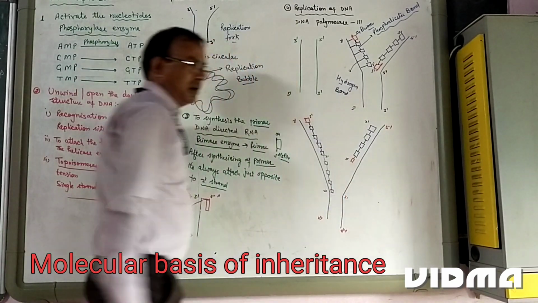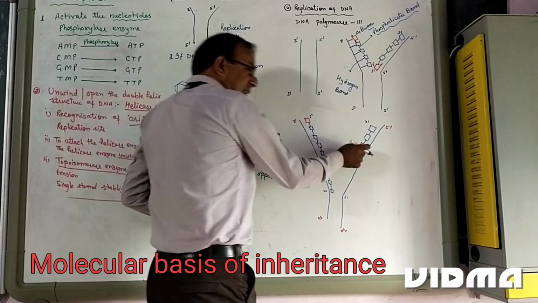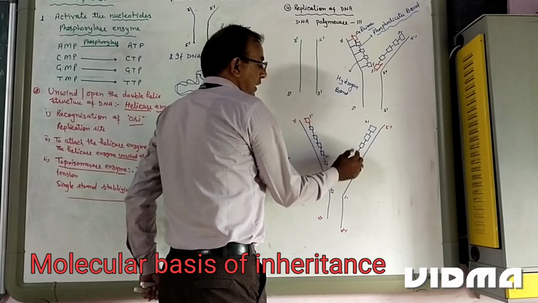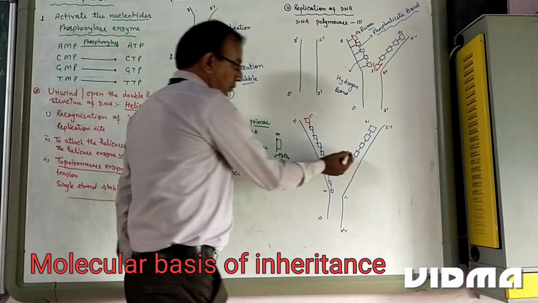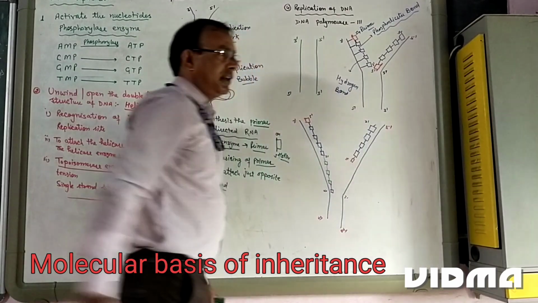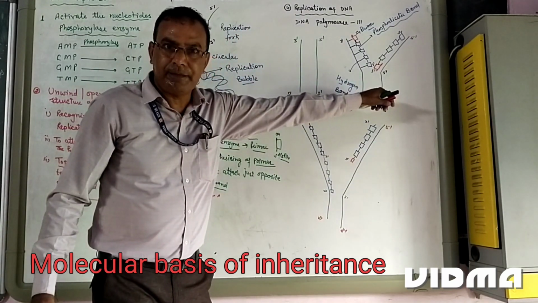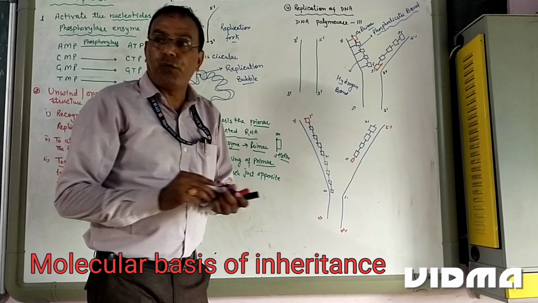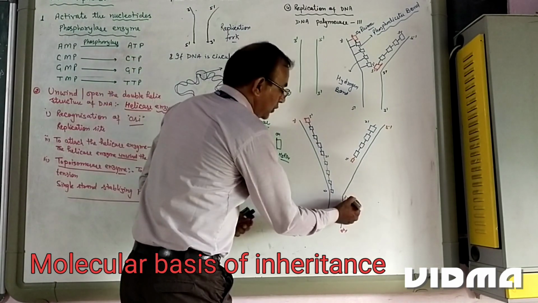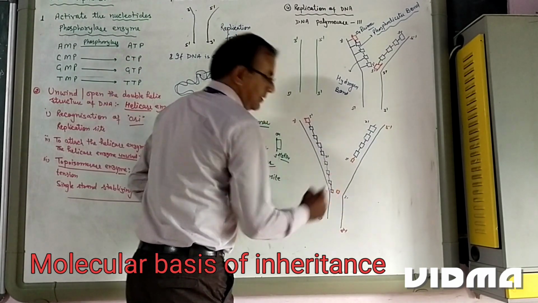till this one. But in this strand, when we try to replicate, we can see that this is the terminal end. So there is no synthesis of DNA particles. We attach one more primer just opposite to the 3 prime here.